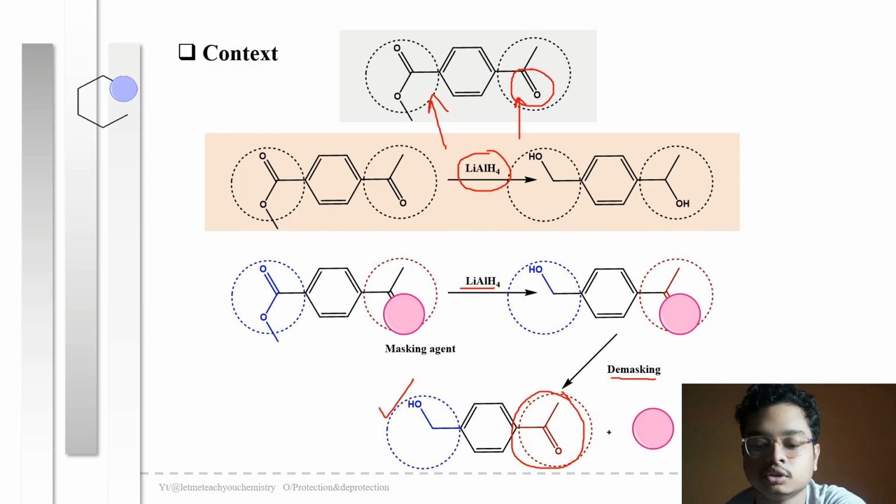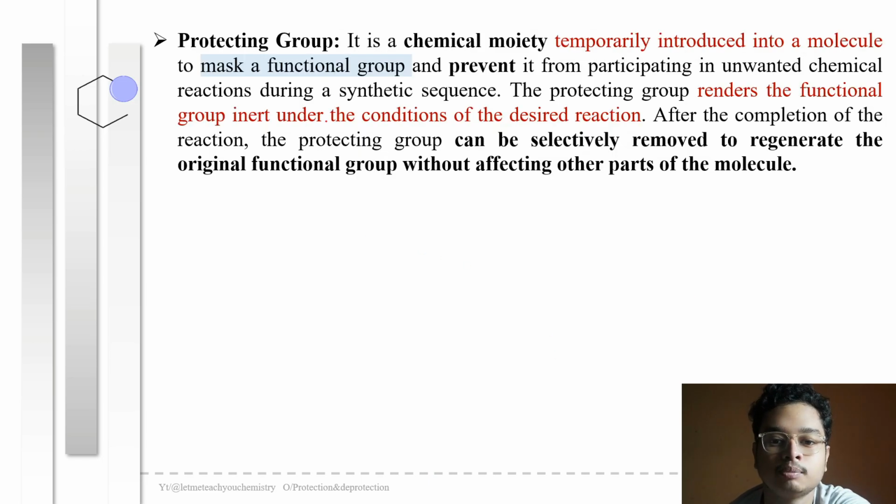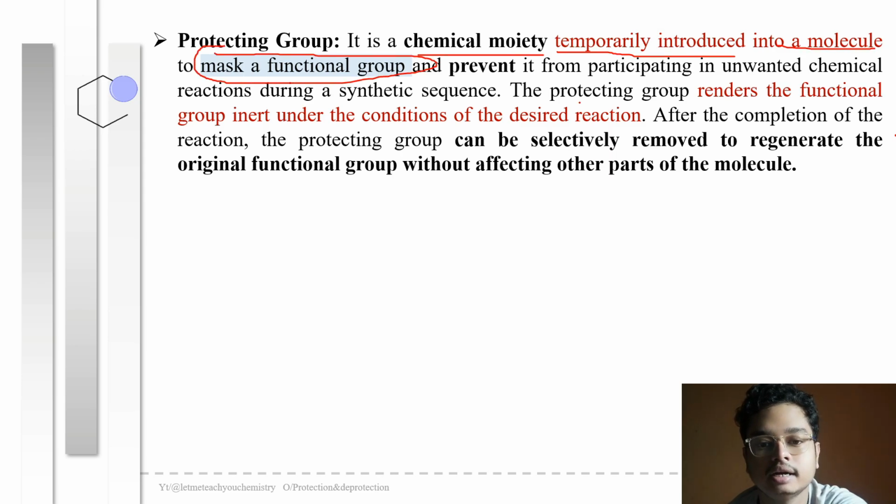First, let us talk about the definition of a protecting group. A protecting group is a chemical moiety that is temporarily introduced into a molecule to mask a functional group and prevent it from participating in unwanted chemical reactions during a synthetic sequence.